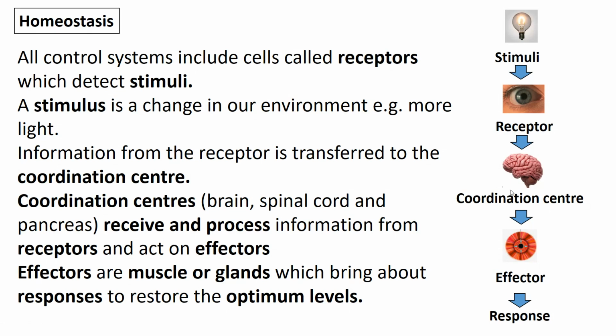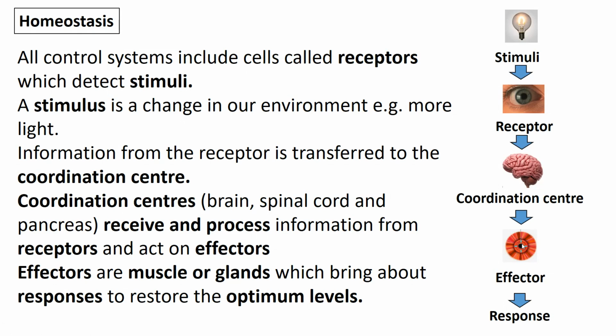to regulate. Now, the coordination center's job is to receive that information from the receptor and then process it in order to bring about the effect. So it then acts on effectors, which are muscles. In this case, it's the muscles around the pupil. But it can be a gland that also brings about an effect, especially when you're looking at the endocrine system.